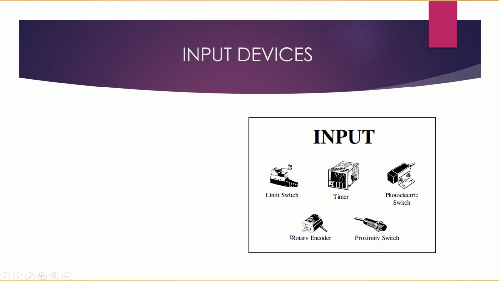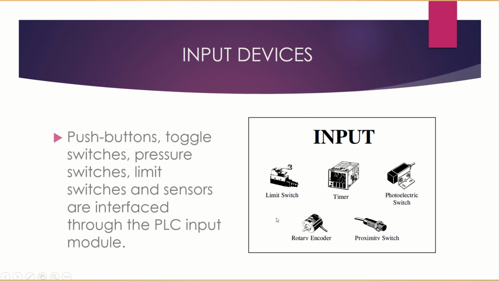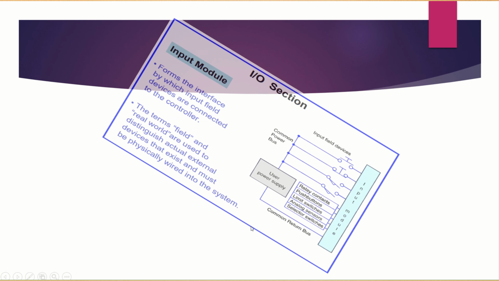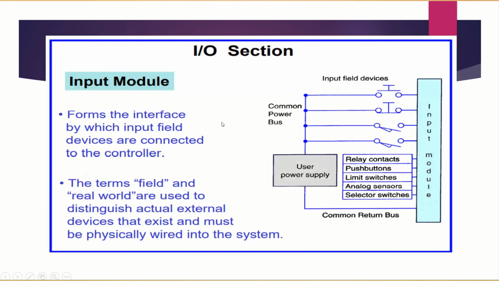We have the input devices, samples of which are the push buttons, toggle switches, pressure switches, limit switches, and sensors which are interfaced through the PLC input module. Here is the input module.